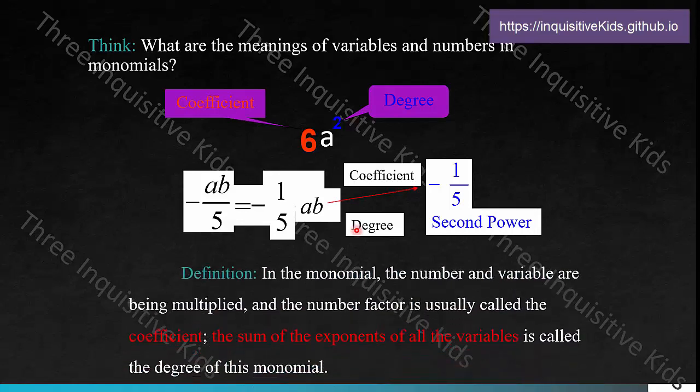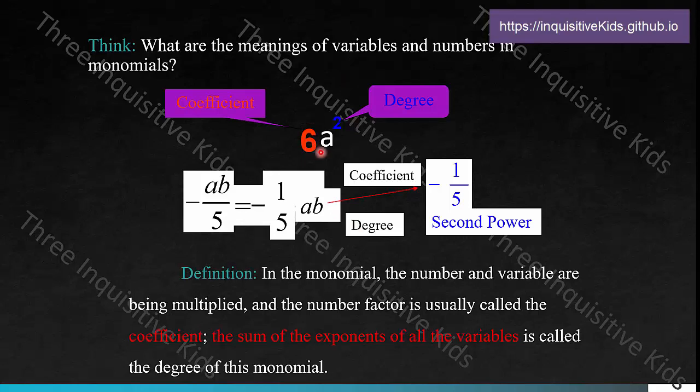So, definition. In the monomial, the number and variable are being multiplied, and the number factor is usually called the coefficient. And the sum of the exponents in all of the variables is called the degree of a monomial. That was a lot of key terms right there, so I'm going to repeat it again.